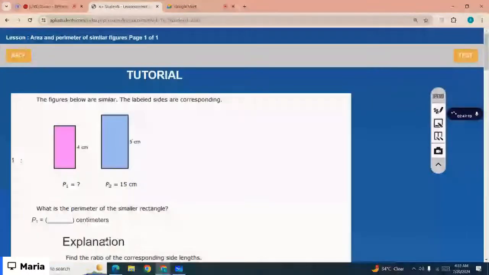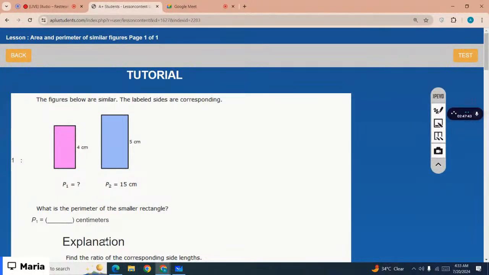The two figures are similar. The figures below are similar. The labeled sides are corresponding. What is the perimeter of the smaller rectangle?